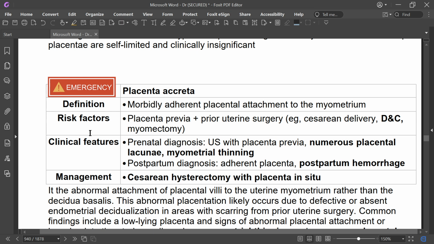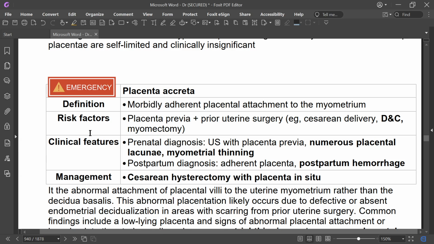Clinical feature is prenatal diagnosis by ultrasound with placenta previa, numerous placental lacunae, and myometrial thinning. Postpartum diagnosis is adherent placenta and PPH, and management is cesarean hysterectomy with placenta in situ.